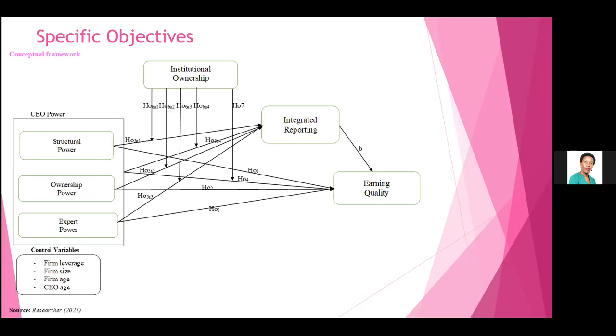What is earnings quality in your study? This is your main variable that is driving this research. And so you need to spend a lot of time dissecting this and making it easy for anyone listening in to understand, okay?